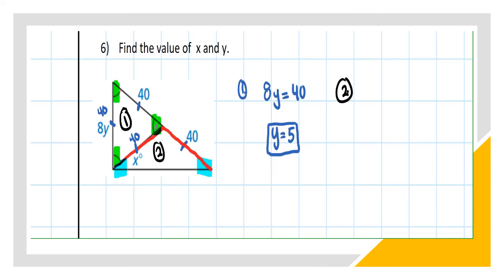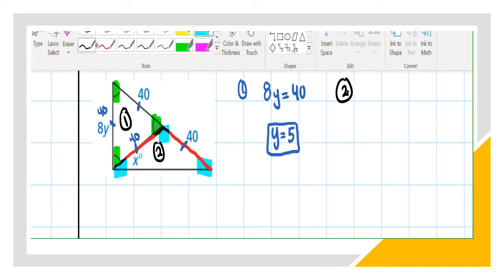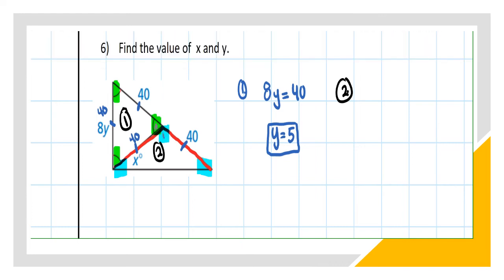Now, I can't fully find x yet until I know at least one of the angles inside triangle 2. To do that, I'm going to use one of the angles inside triangle 1. We're going to call that angle A, the one that I just labeled. If I look at the angle right next to A, which we'll call B, I notice that those two angles form a straight line.